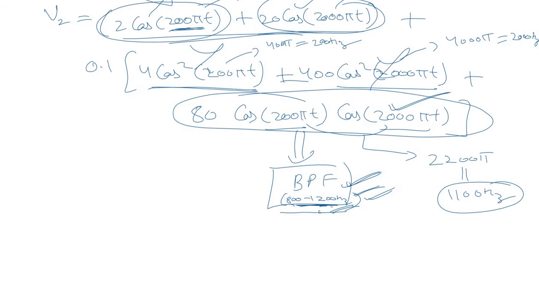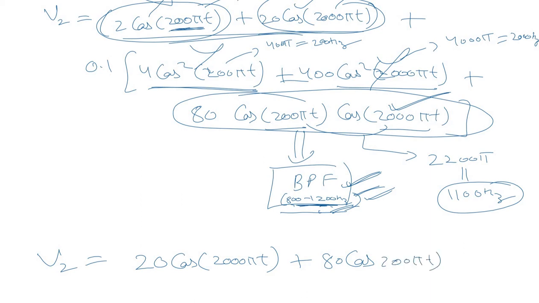So now let's write down the final expression of V2, that is 20 cos 2000 pi t plus 80 cos 200 pi t into cos of 2000 pi t.